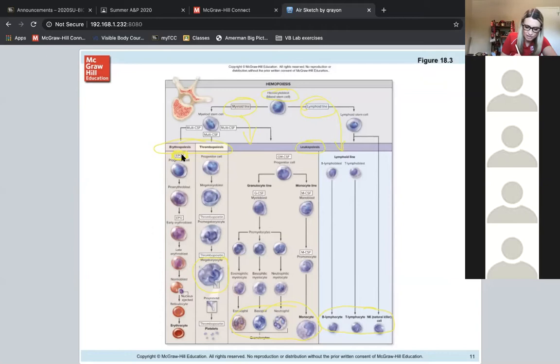We can also see right here, towards the end, nucleus is being ejected. So we kick out the nucleus, we also kick out all the other organelles, and what you're left with is this reticulocyte. Okay, reticulocyte will enter the bloodstream and then it will take it a day or two to mature in order to become your full-blown erythrocyte.